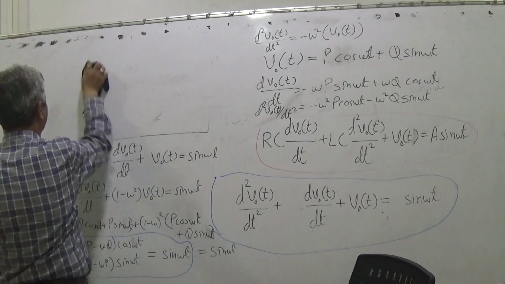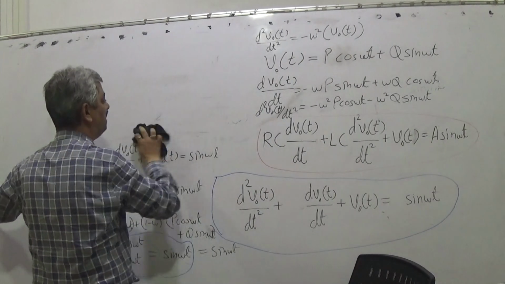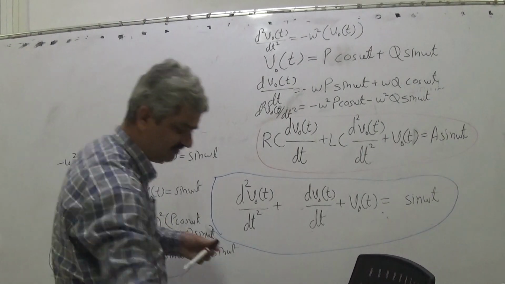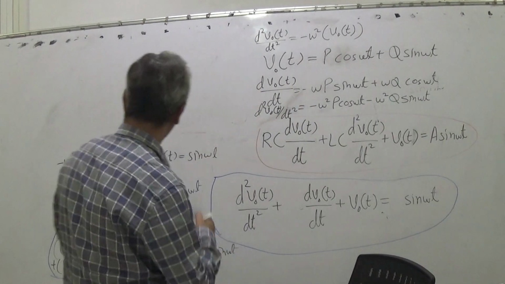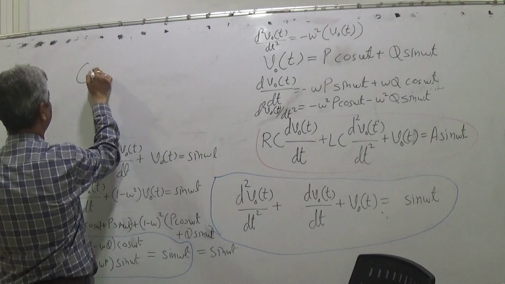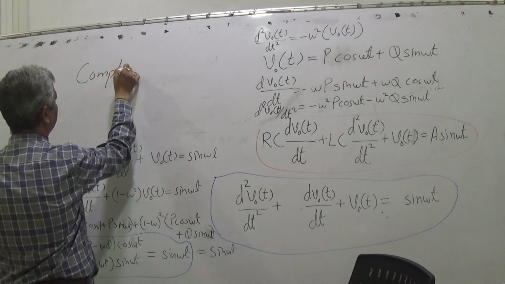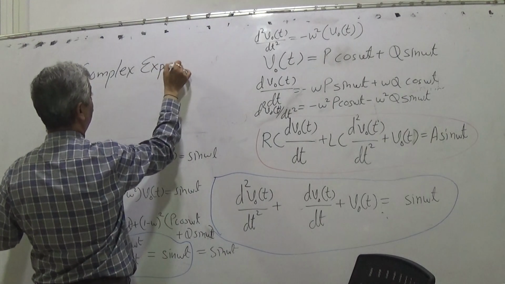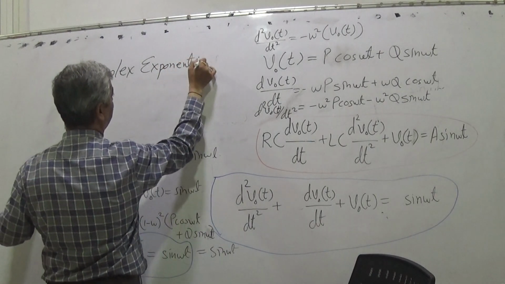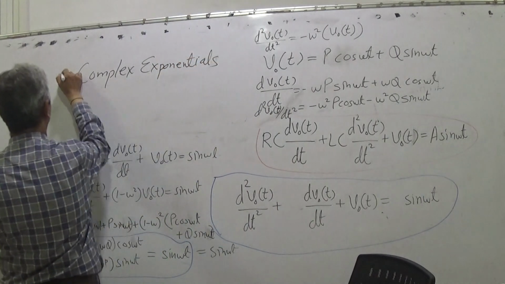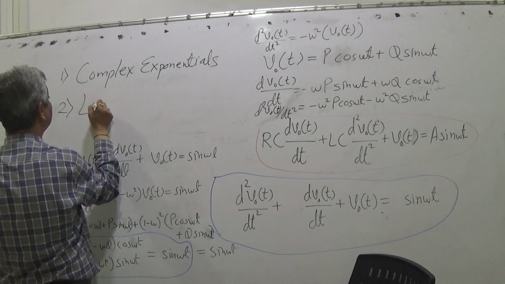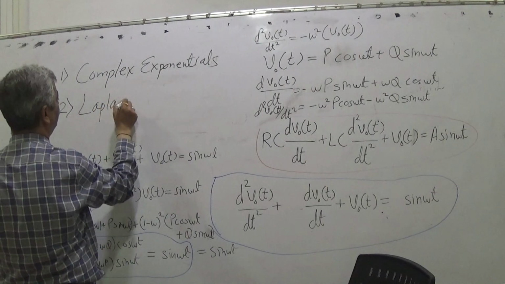Those are complex exponentials, complex numbers. You might have listened to them in 12th or first year, but from the electronic and circuit theory point of view, we will have around 2-3 lectures on this. The second is the Laplace transform.